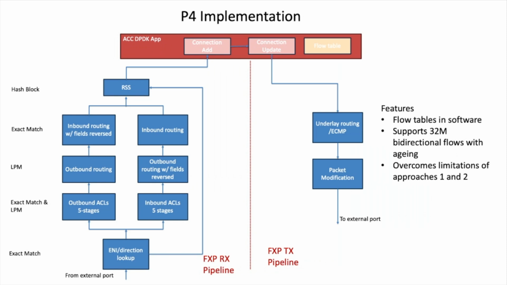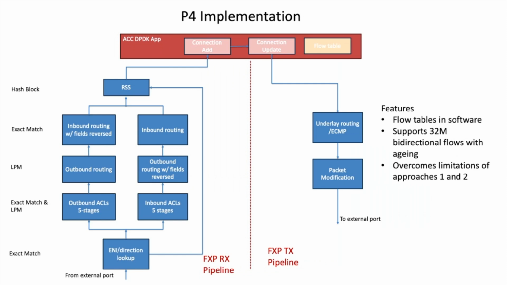So when we add a flow into the flow table for connection tracking purposes, the packet may be coming in outbound direction, but we need to make sure that we have the routing information for both the directions available, so that we can add the flow to the connection tracking table, and it will enable the end-to-end flow in both the directions. So we perform both outbound and inbound routing on an incoming packet.